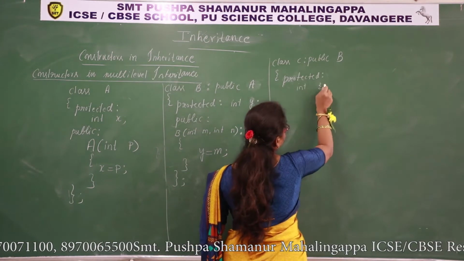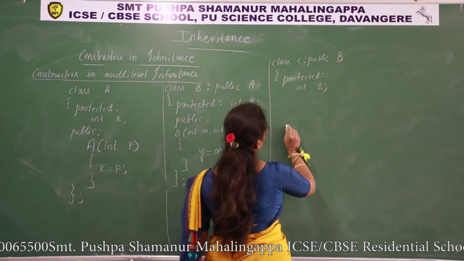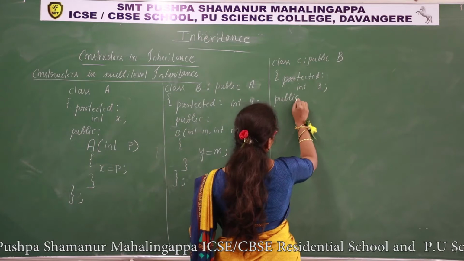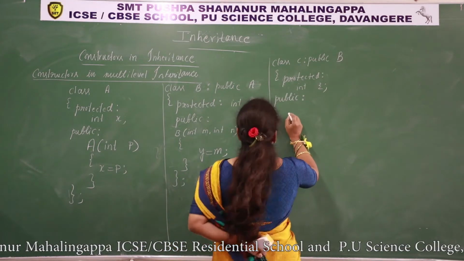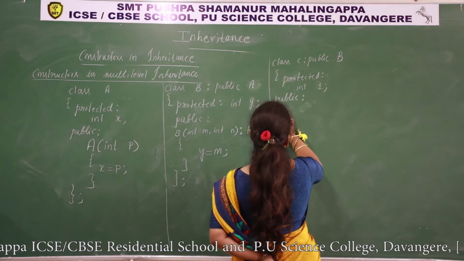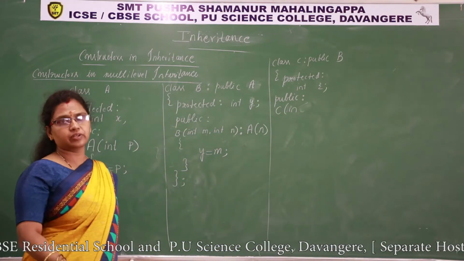Then public, colon. C, the name of the class is C, so the constructor name is also C. C is the last class, that is a derived class.